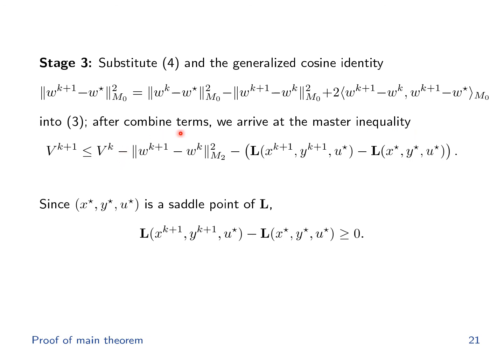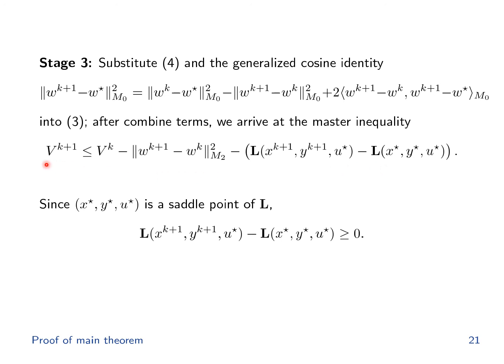So this is the amount that the Lyapunov function has to decrease minimally at the kth iteration. This term is non-negative because M2 is block diagonal and positive semi-definite, and we have argued that this Lagrangian difference term is also non-negative.